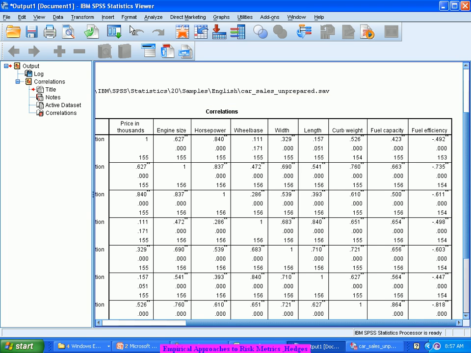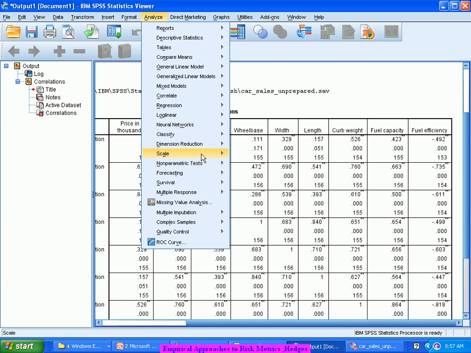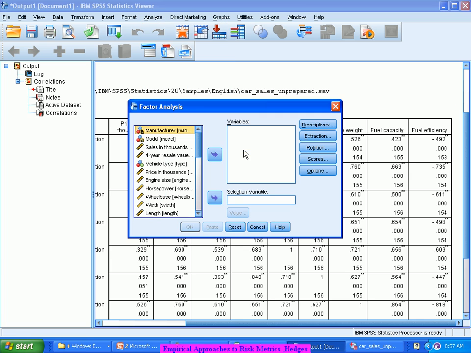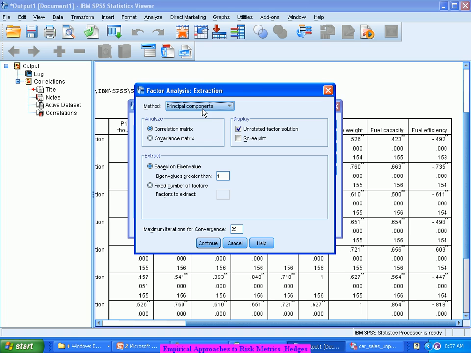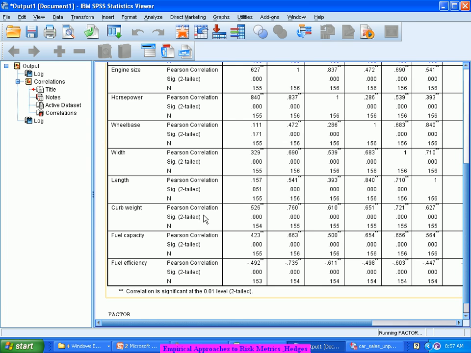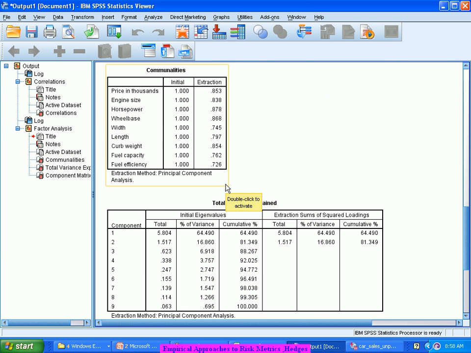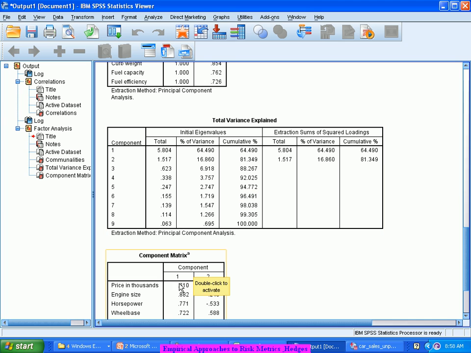But if I am doing a kind of principal component analysis on these things, this method is the principal component analysis. What could very well happen is that this entire thing is getting reduced into two components only.